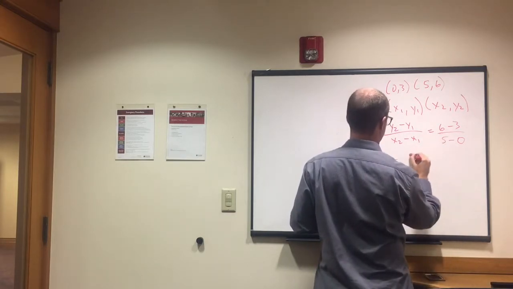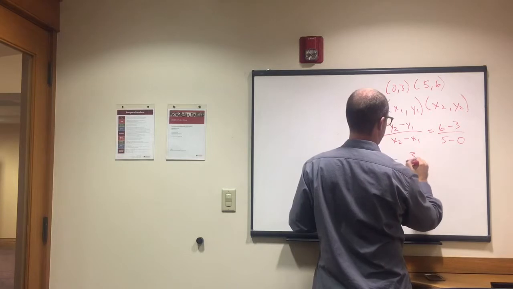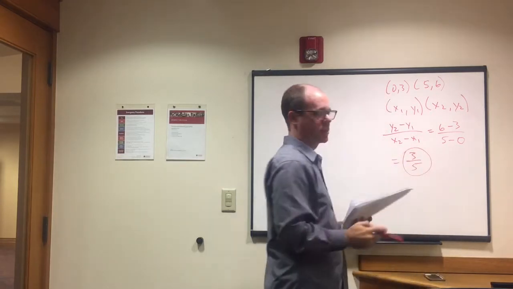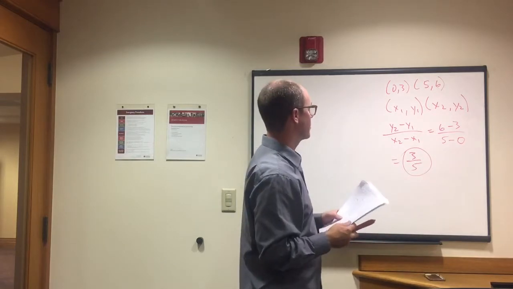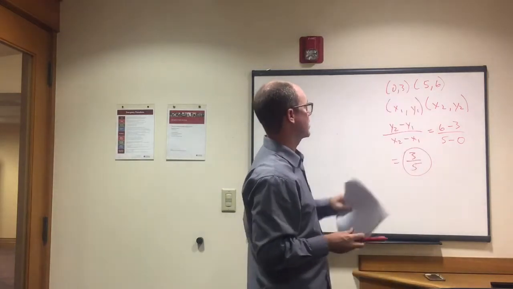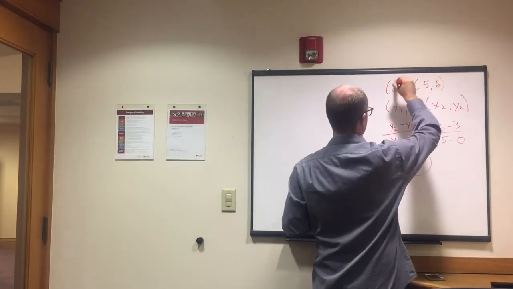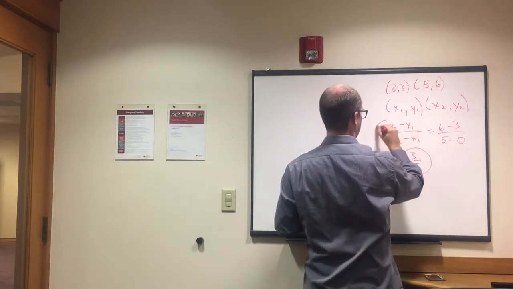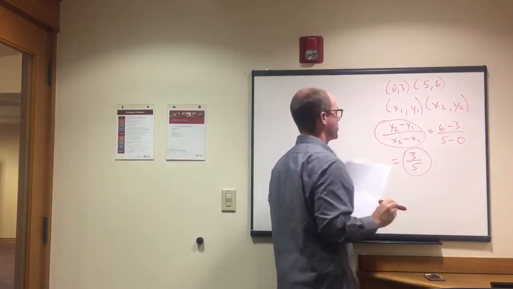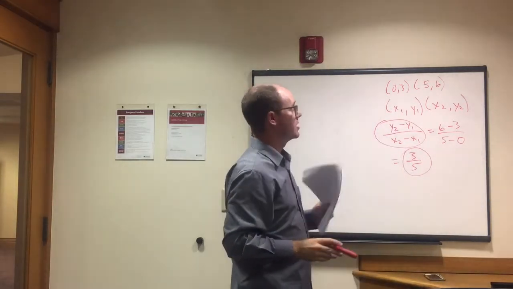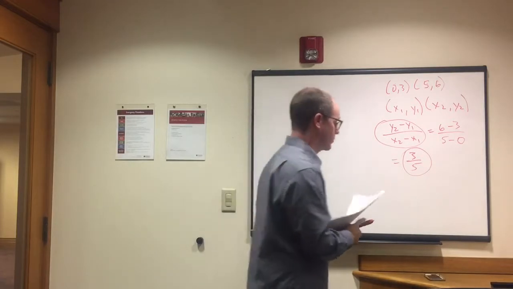And so 6 minus 3 is 3. 5 minus 0 is 5. 3/5. That's our slope, right? So reviewing, when you see these 2 sets, you're subtracting this one minus this one, over this one minus this one. Again, this little formula, y2 minus y1 divided by x2 minus x1, is just one you have to know.